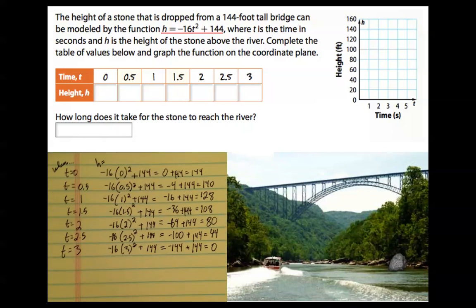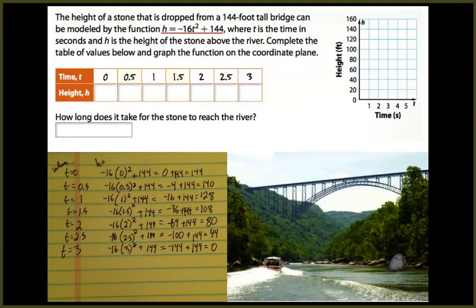But the basic idea here, just so you're totally getting this, is to figure out what goes in this blank here. I figured out that when the time is 0, the height would be negative 16 times 0 squared plus 144, and then I did the math, and I got 144 as my answer, which makes sense because negative 16 times 0 times 0 is 0, and 0 plus 144 is 144.